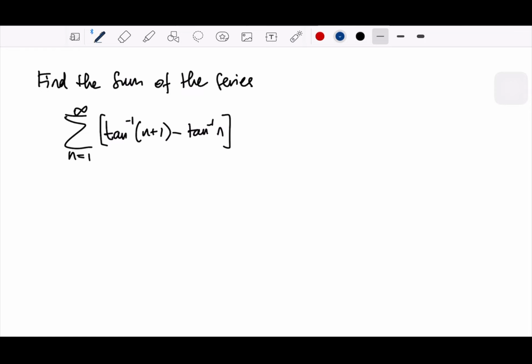Now this sum of the series, how to solve this? Basically, first, we can check a property of an, meaning we check n equal 1, 2, 3, and how it looks like.